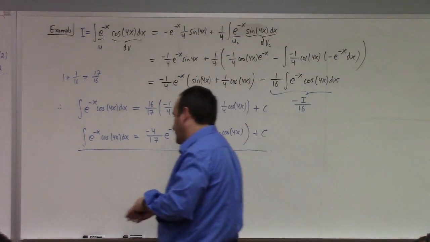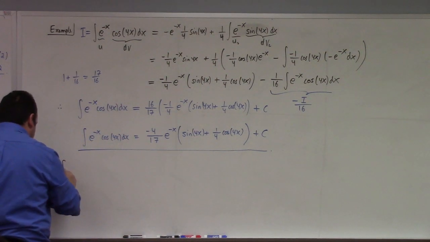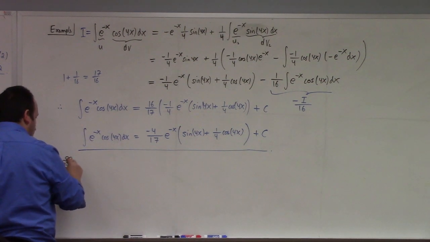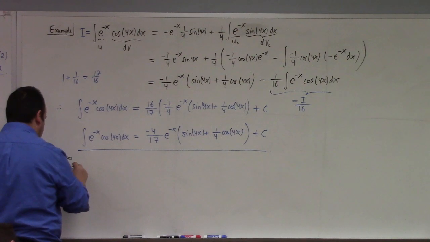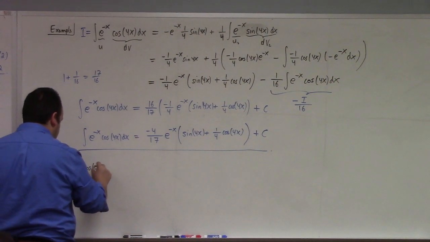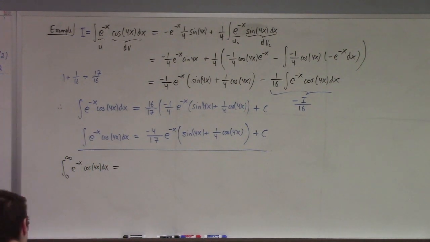So I think I had, or I could ask the question, what's the integral, say, from 0 to infinity of e to the minus x cosine of 4x dx? Then that would be what?